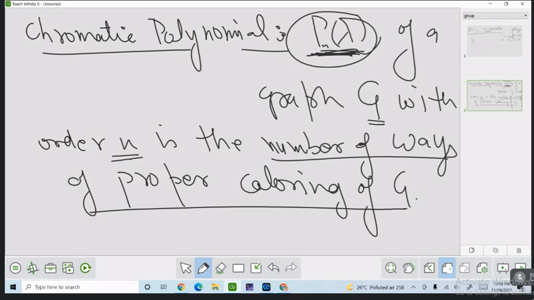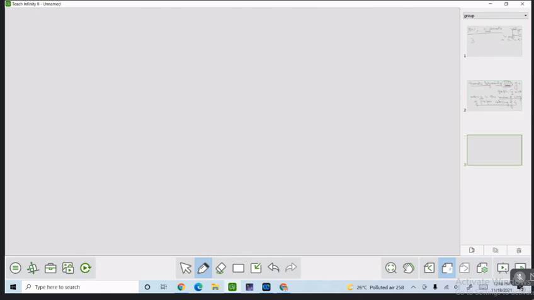So for some special graphs, we will find the chromatic polynomials. Suppose we have two results, or theorems.